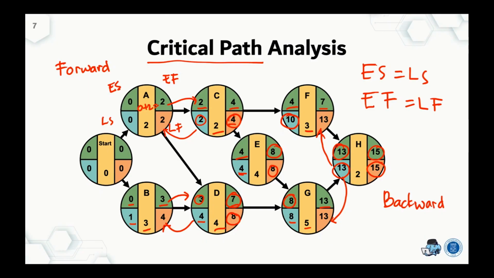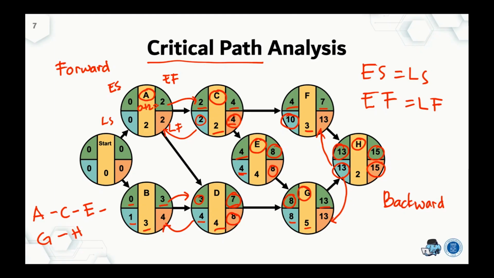Based on these criteria, activity A is critical, and C here is critical. How about this one? Oh, this is not critical. So this should be E here, then G, and then H. The critical path is activity A, C, E, followed by G, and lastly H.